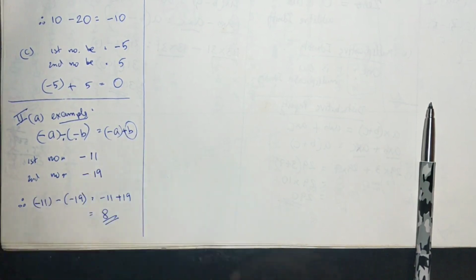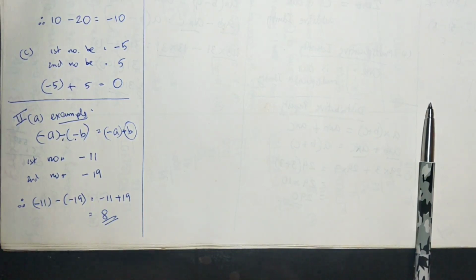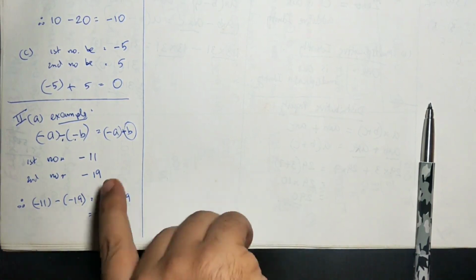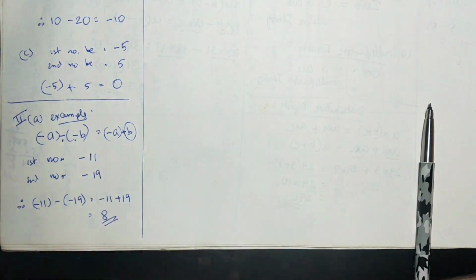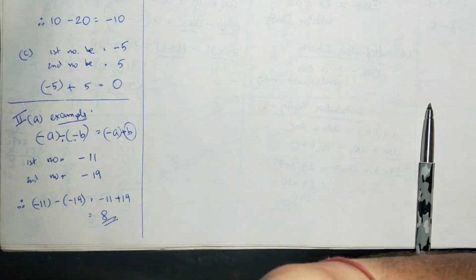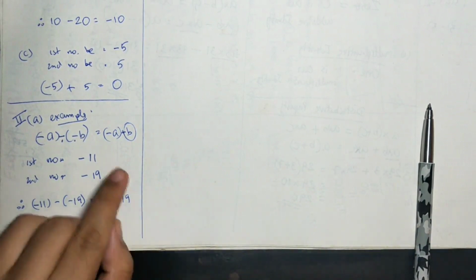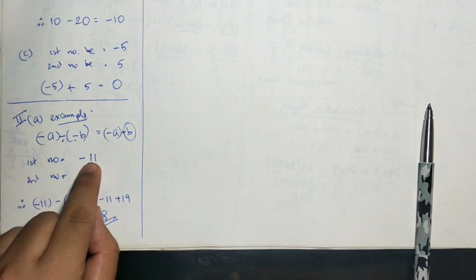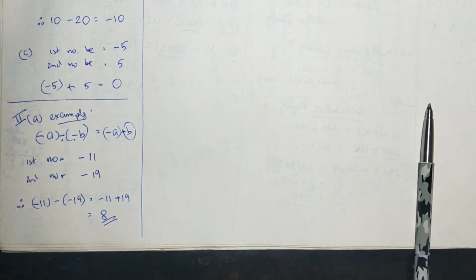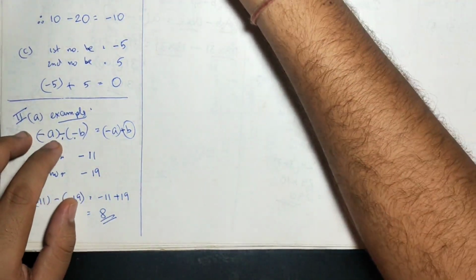But here B should be bigger so that we get a positive answer. How much bigger? Because we have to bring an answer, right? So it should give us 8. So the B number should be greater by the value only. Don't see the sign right now. Just the value should be 8 more than A. So if taken A as minus 11, B as minus 19, we'll get an answer positive 8.